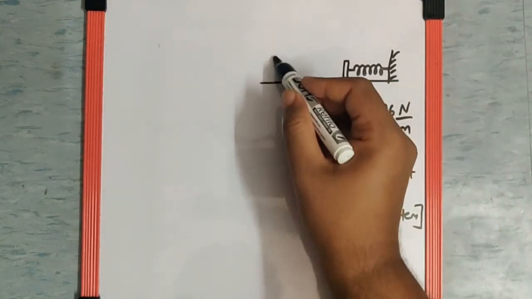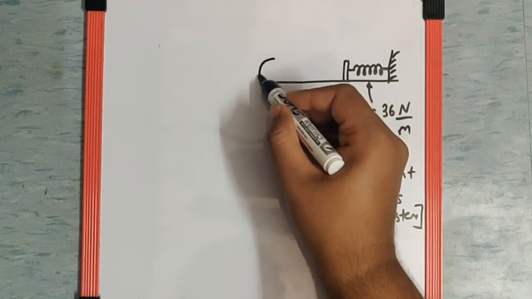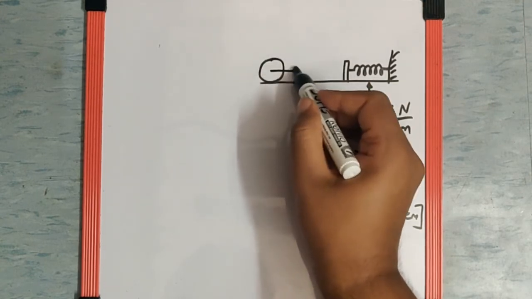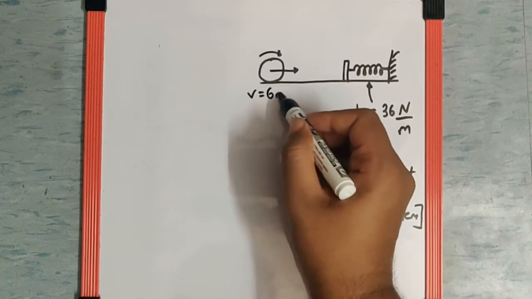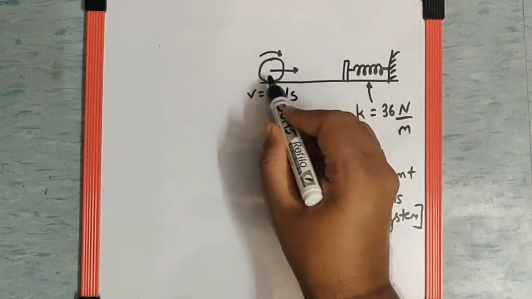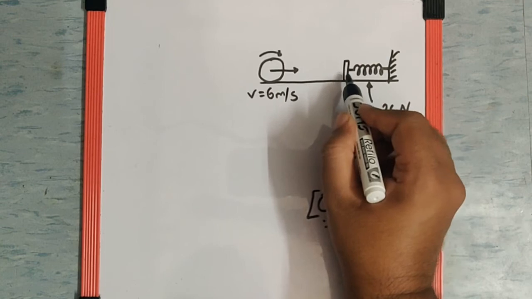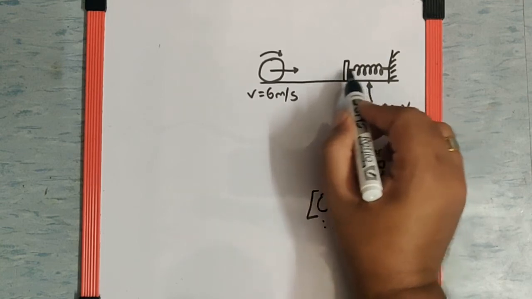At the same time, over here we have a sphere which is rolling with the speed 6 meter per second, and when it strikes this, it is going to compress the spring.